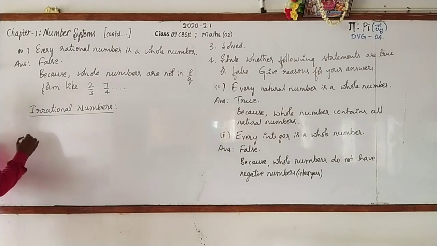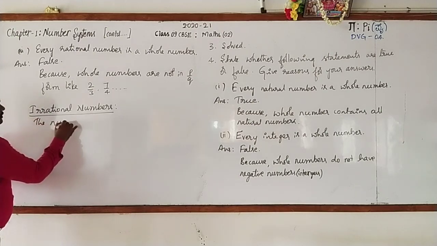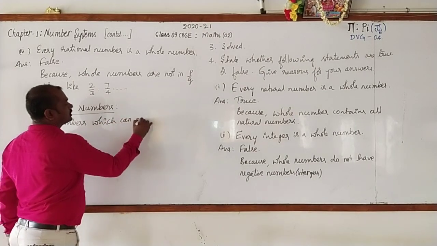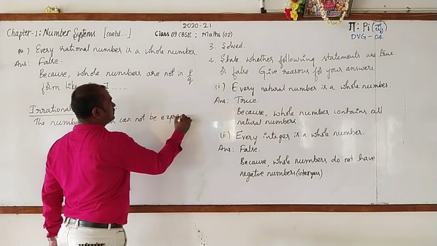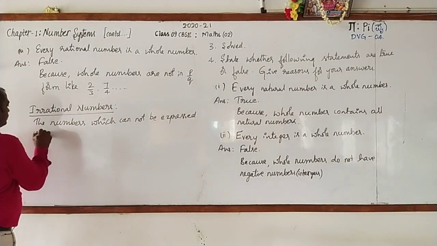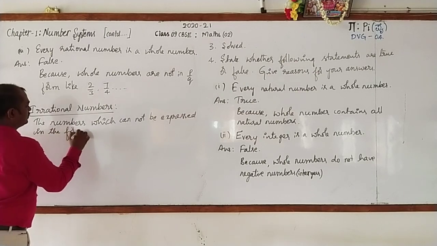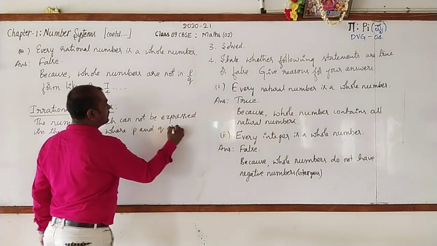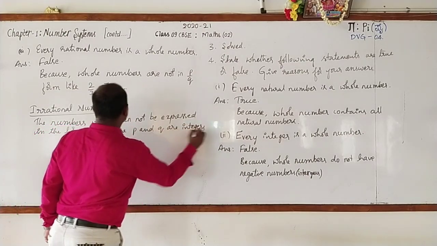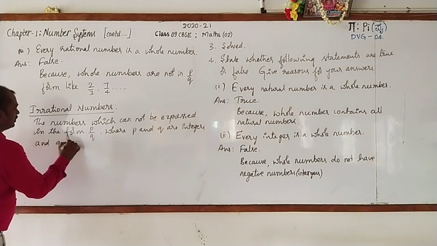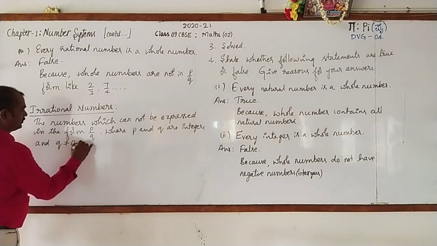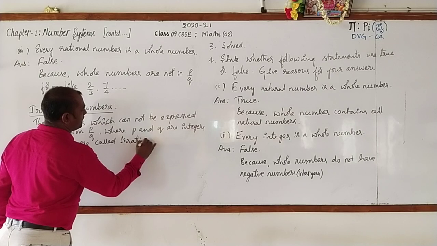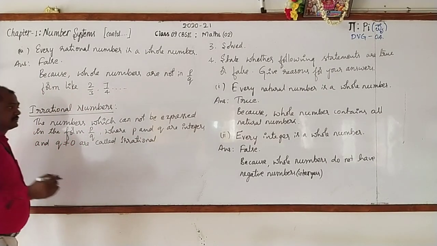So write down the definition with me. The numbers which cannot be expressed in the form of p by q, where p and q are integers and q is not equal to 0, are called irrational numbers, or just you can write irrationals.